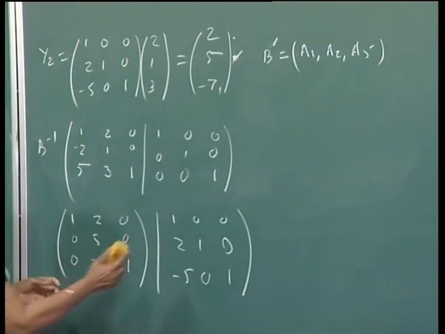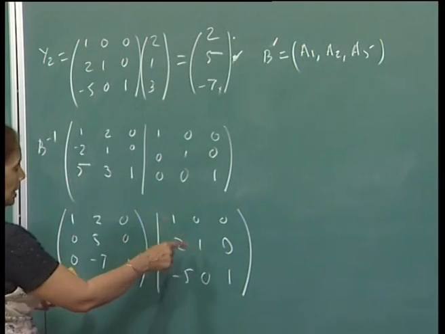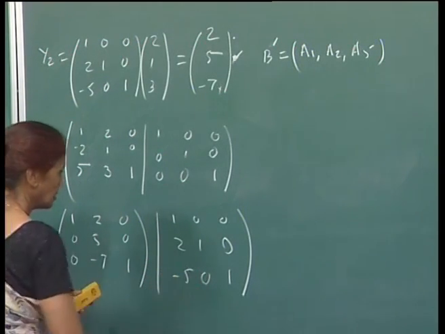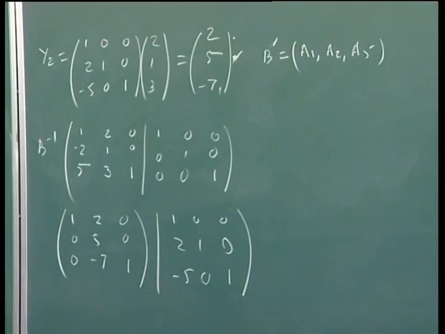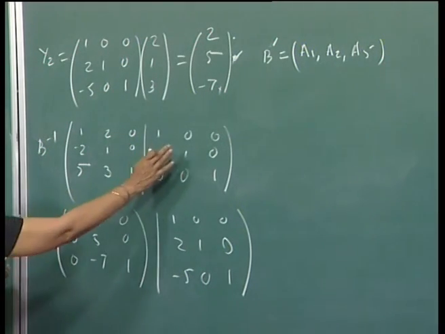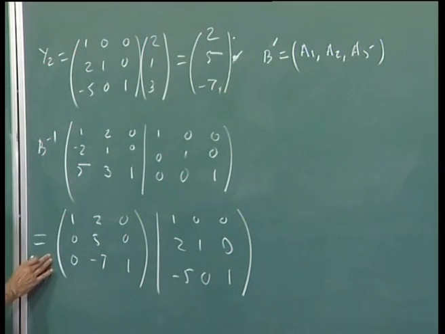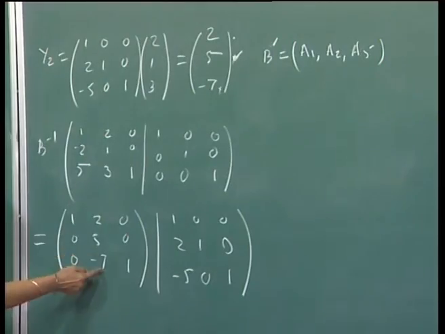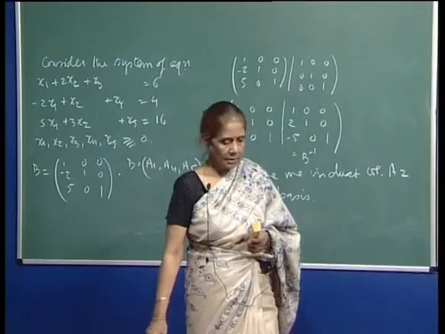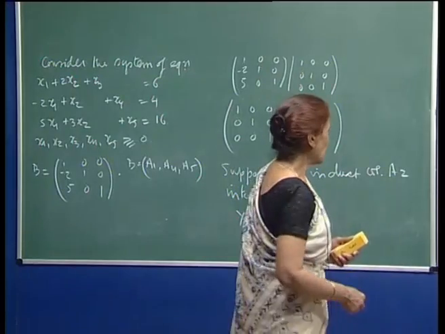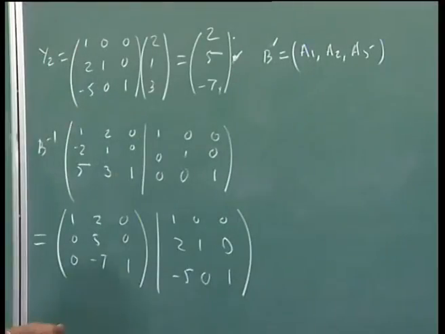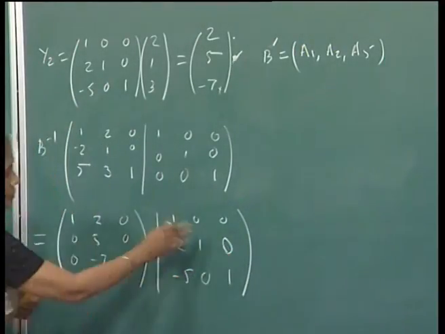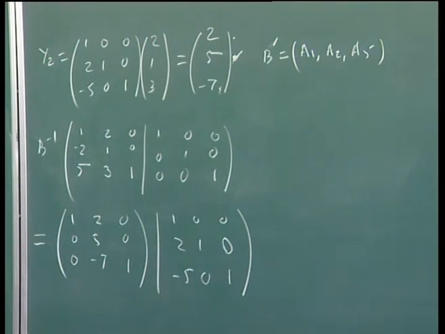Because I have multiplied the whole tableau by B inverse, this is equal to this. Now you need to reduce this to the identity vector, which is E2, the second basis vector. I will do some elementary operations, and in the process what I get here would be my new basis inverse.